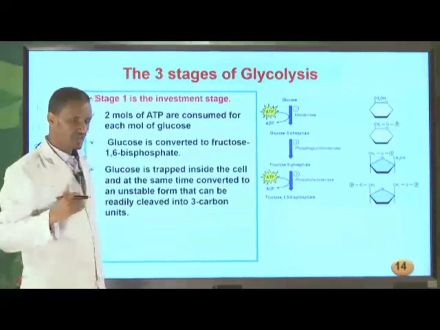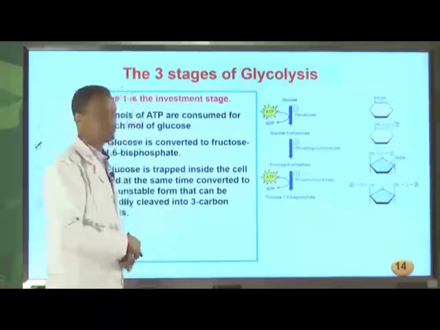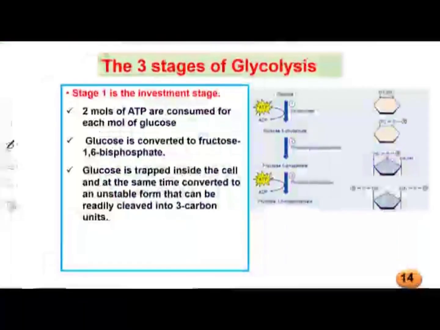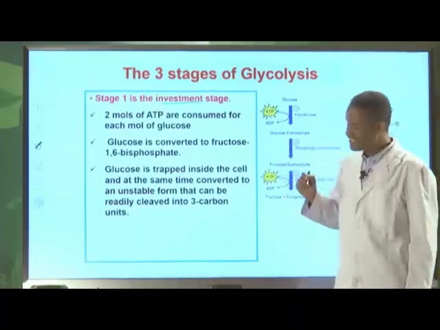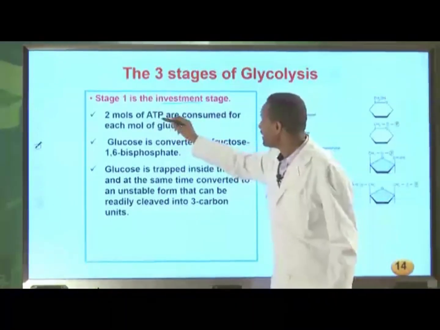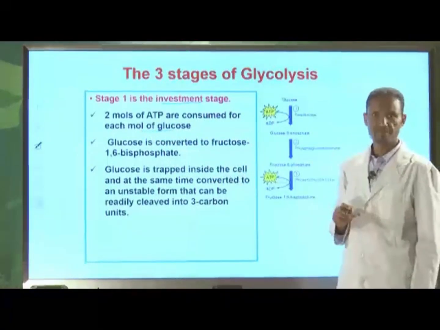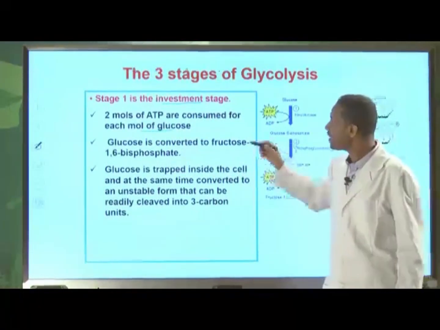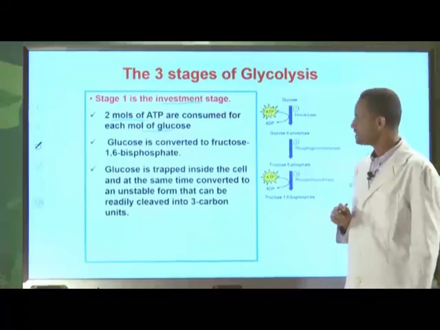The first stage of cellular respiration, which we call glycolysis, has 3 stages. Stage 1 is the investment stage. Why is it called the investment stage? Because at this stage, 2 molecules of ATP are consumed for each molecule of glucose that is broken down.